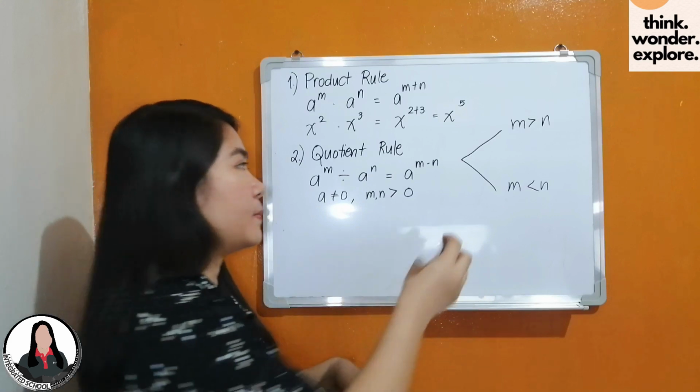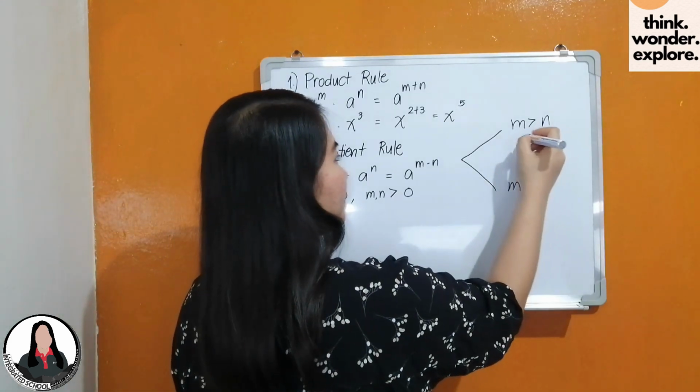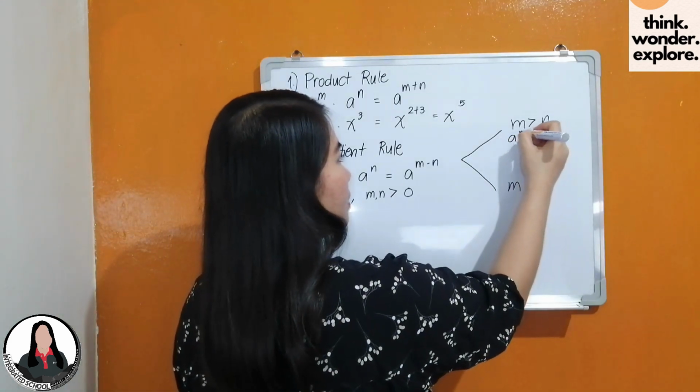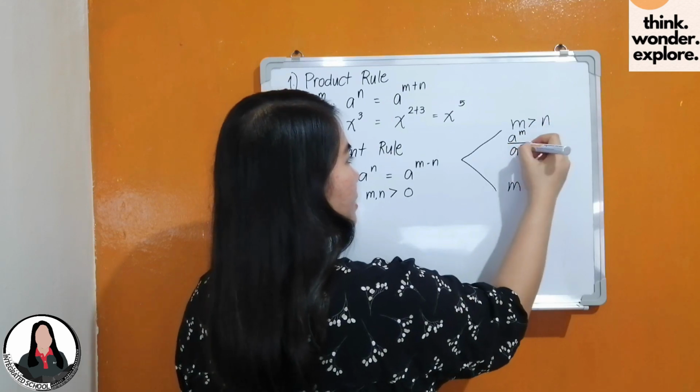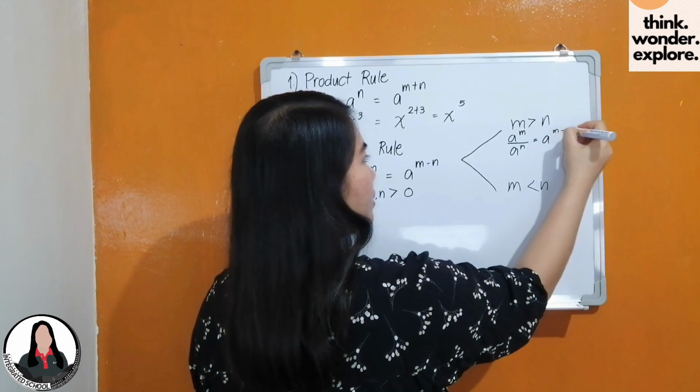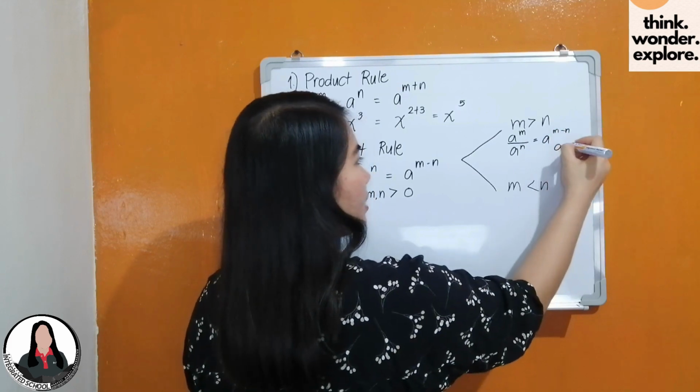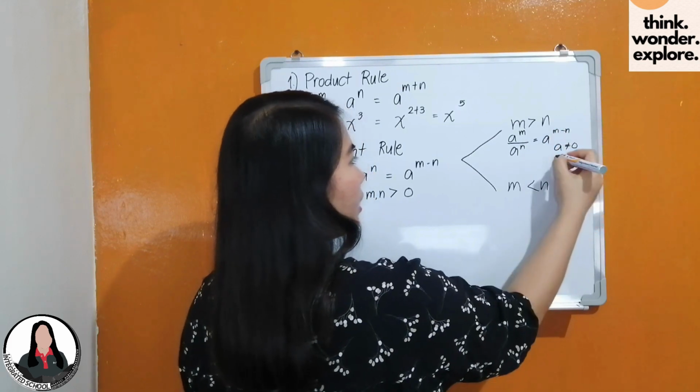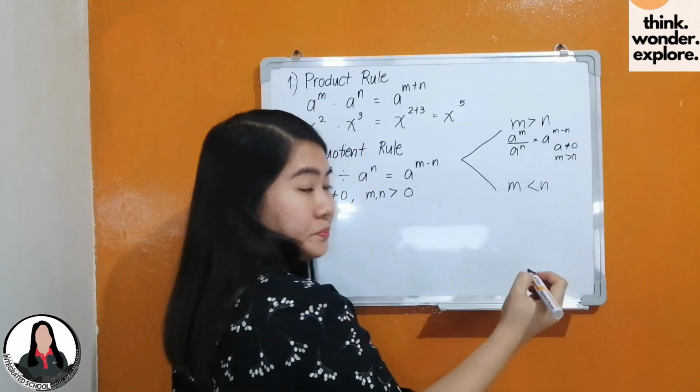In symbols, that is a raised to m divided by a raised to n is equal to a raised to m minus n, given that a is not equal to 0 and m is greater than n.